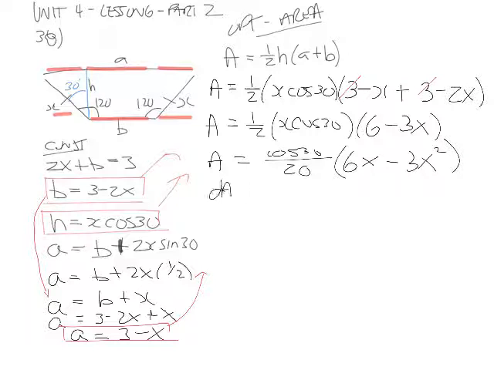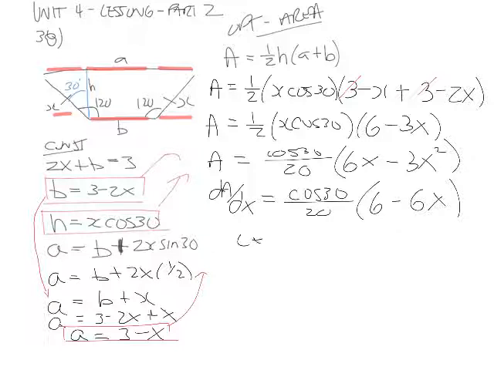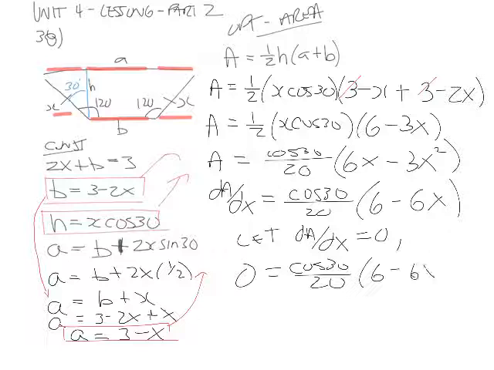Now I can take the derivative of the area with respect to x to optimize. The cos 30 over 2 stays out front, and inside I'm going to have 6 minus 6x. To optimize, we let the derivative of A with respect to x equal 0. So 0 equals cos 30 over 2 times (6 minus 6x).